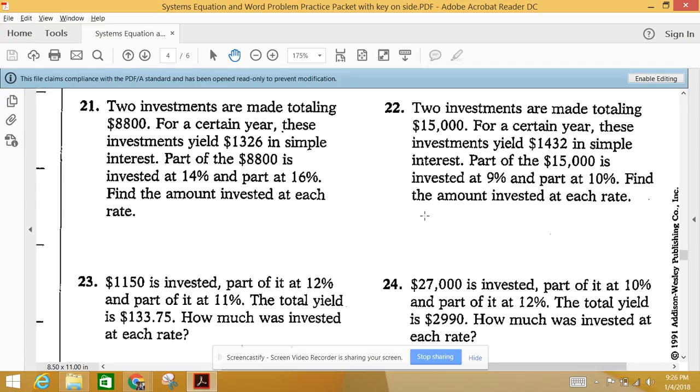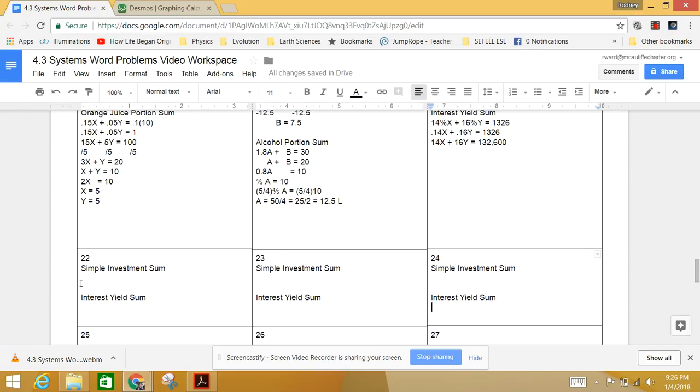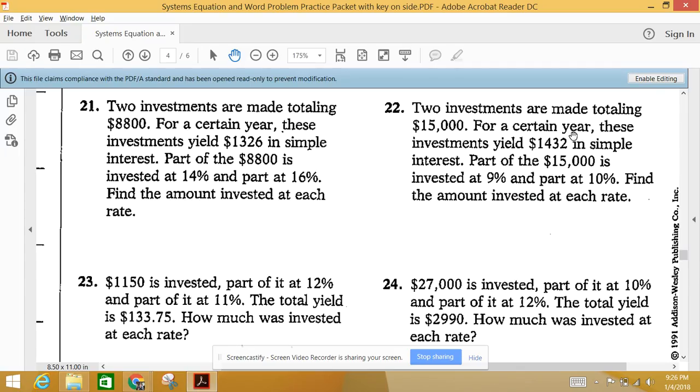So number 22, I've got two investments totaling $15,000. So I have my simple investment sum of x plus y equals 15,000. And then one of those was invested at 9% interest. So they're getting 9% back. The other at 10%. And when you put all the money that came back together, you get 1,432.